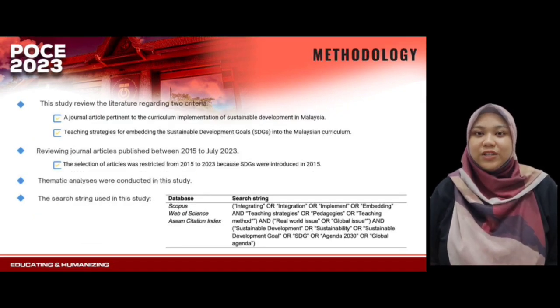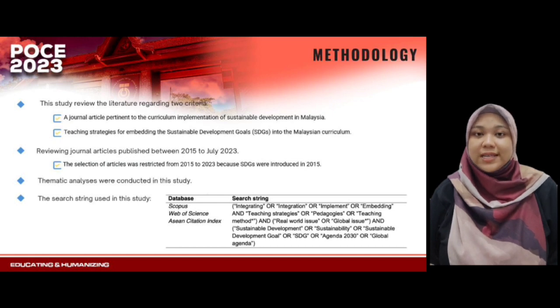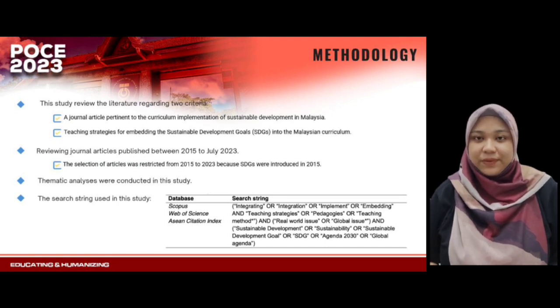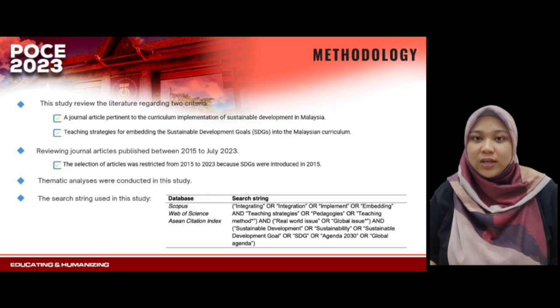The methodology used in this research is a systematic review, which is focused on discovering patterns in the data of teaching strategies for embedding the SDG. This study used a systematic review to assess the literature regarding two criteria. The first is journal articles pertaining to the curriculum implementation of sustainable development in Malaysia.